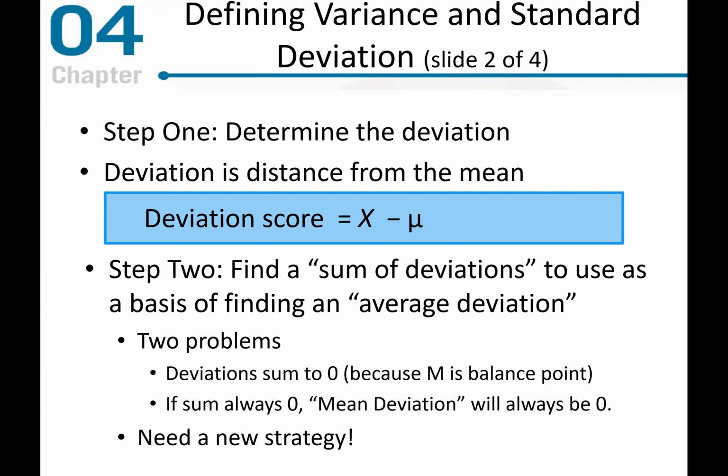All right, but we're not done yet. After we get that variance, we're going to take the square root of the variance to get what we wanted all along, which is our standard deviation, the standard distance or the average distance a score is from the mean. All right. So that is standard deviation and variance. So let's look at the calculation of it.